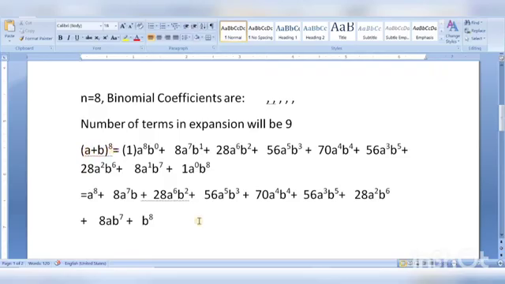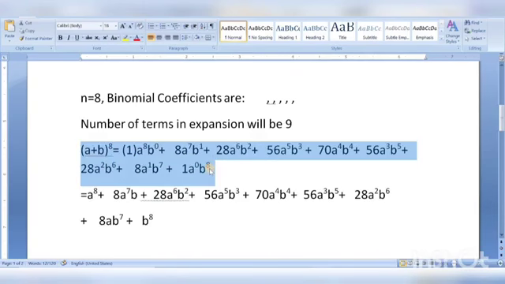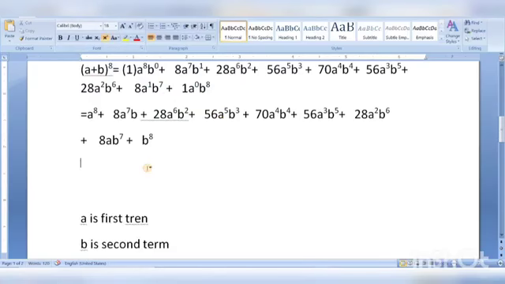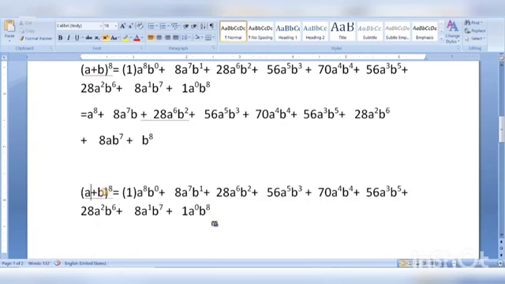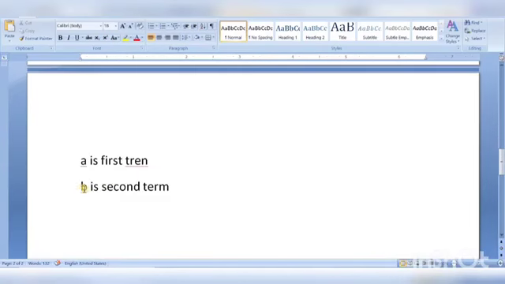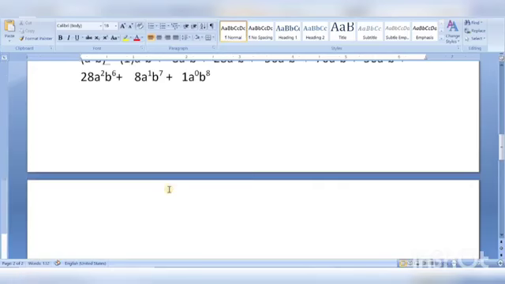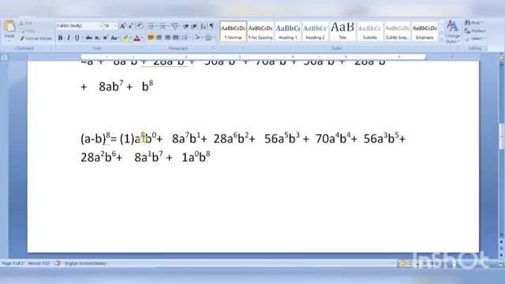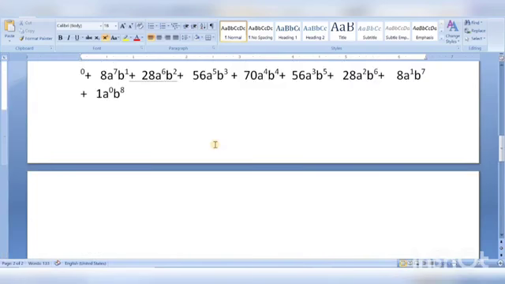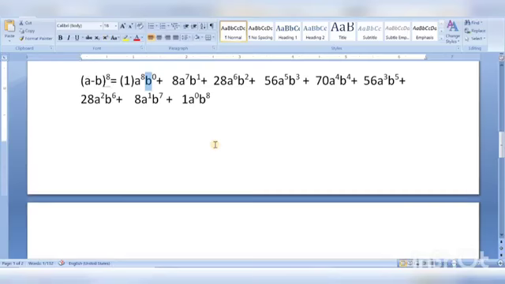Similarly, if you have the negative sign, then I will just copy this. Now here the first term is a and minus b is the second term. So when you pick it up, you pick it up with the sign. Wherever there is b, I will replace it by minus b.